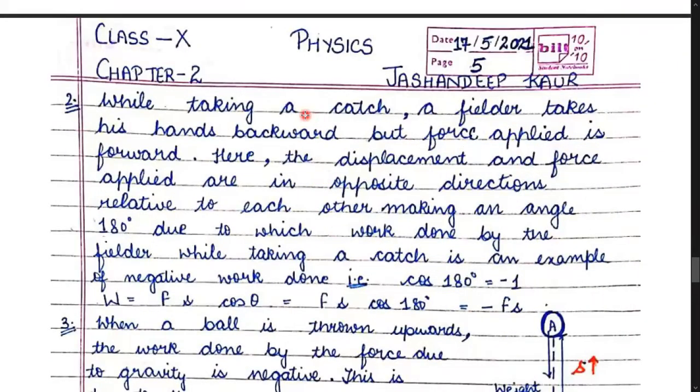Children, similarly, while taking a catch, a fielder takes his hand backward, but the force applied is in the forward direction.